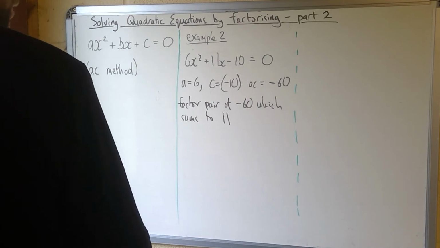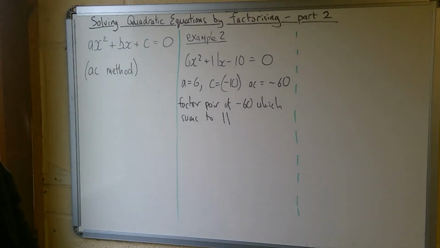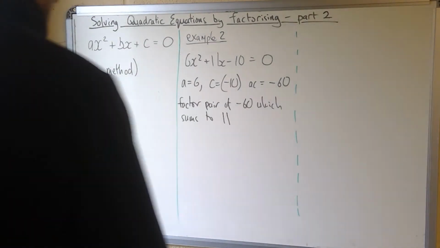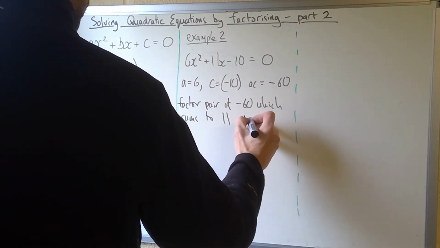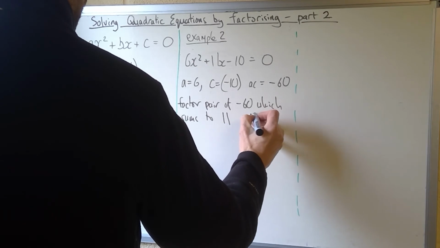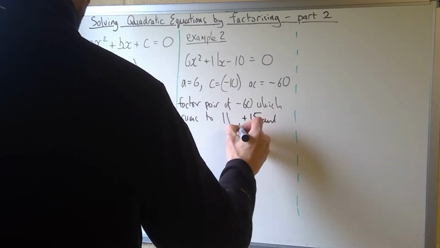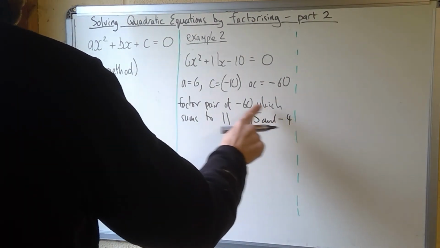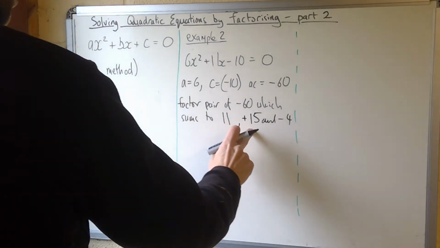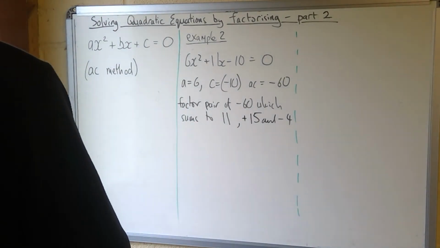Now this might take you some time to work out. I've already worked this out, and it turns out that the factor pair is positive 15 and negative 4, because positive 15 times negative 4 will give you negative 60. When you add them together, it gives you 11.